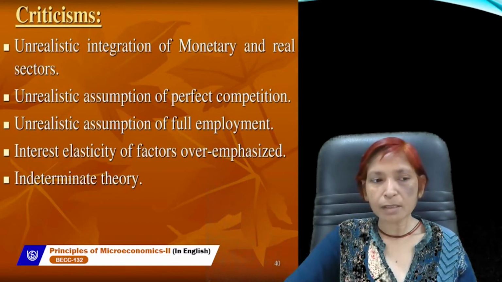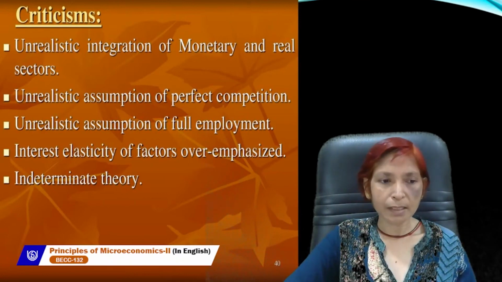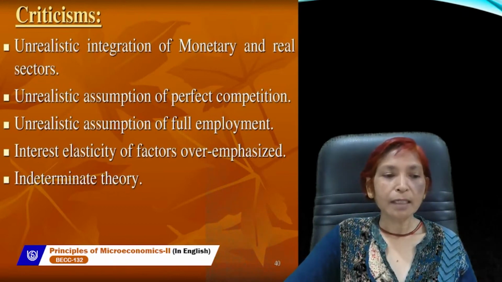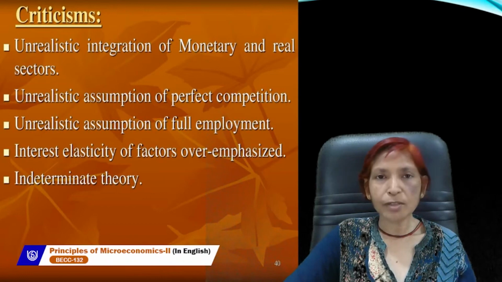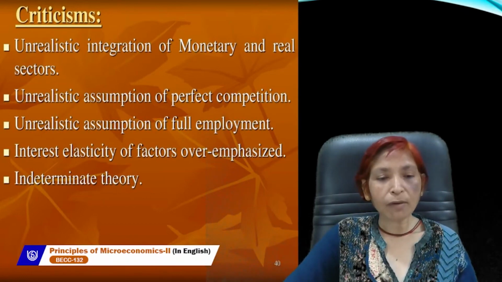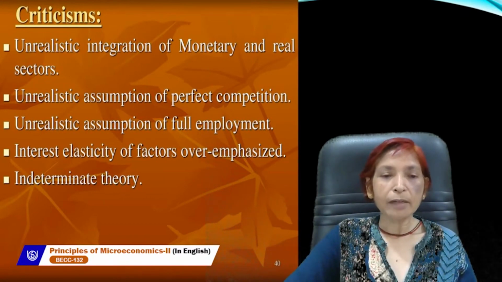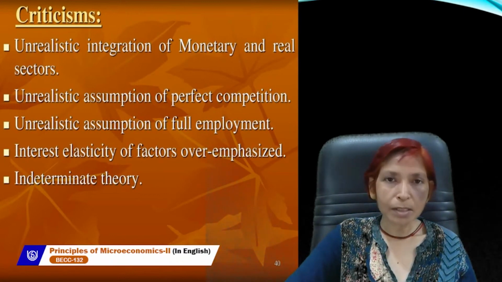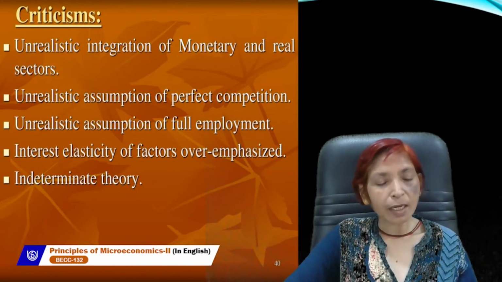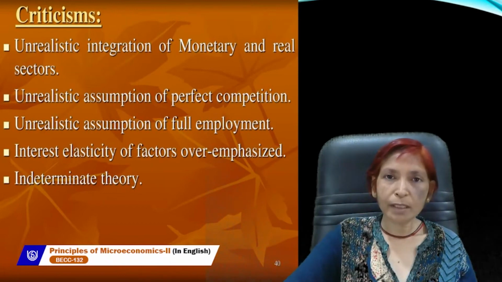Next criticism is that the elasticity of factors is overemphasized. Some factors we assume to be inelastic, like land is fixed, while labor is perfectly elastic. We can increase more and more units of labor. That's why the law of variable proportion is applicable. If we assume that land remains constant in the short run and we can change labor, as we increase the units of labor, in the beginning production will increase.